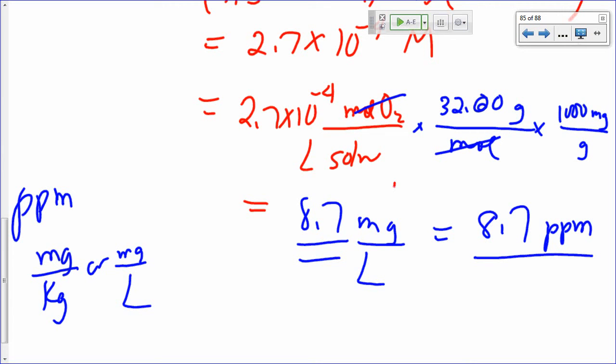Now, so this is equal to ppm only when you're dealing with very dilute solutions. And that's usually the cases where you use ppm anyway. And for as long as you're dealing with aqueous solutions, then milligrams per liter is essentially the same thing as milligrams per kilogram, or ppm. So 8.7 ppm is as much oxygen as you can dissolve in your water.